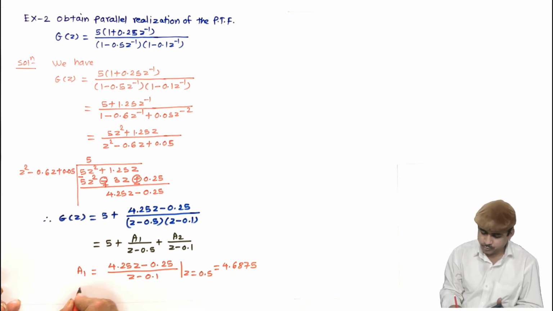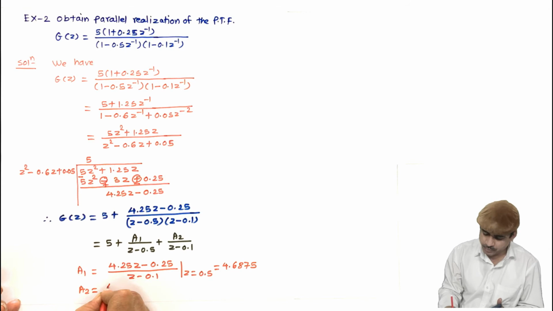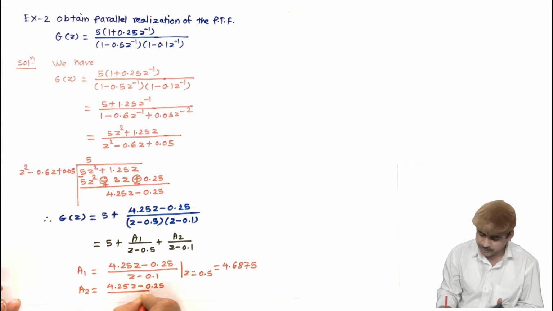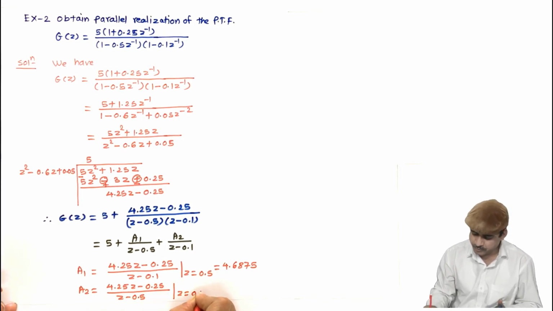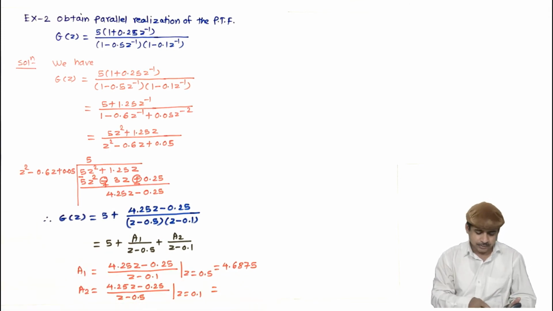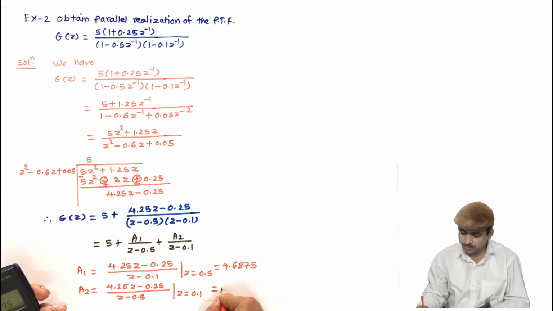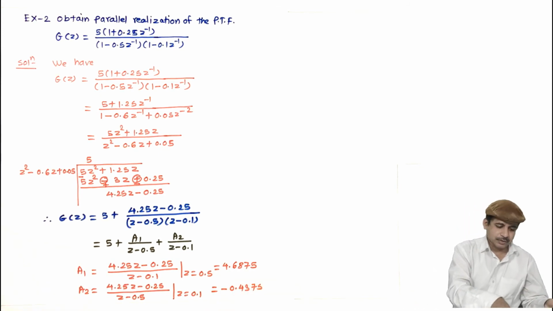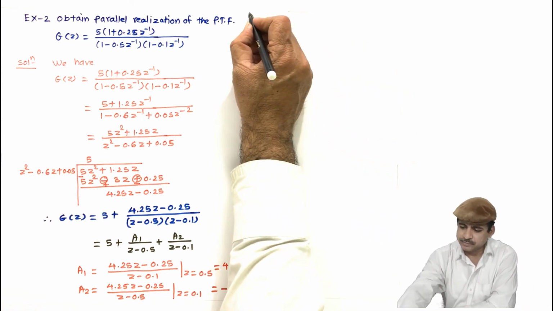And let us do it for a2. So a2 is equal to 4.25z minus 0.25 divided by z minus 0.5 with z equal to 0.1, and that is equal to 4.25 into 0.1 minus 0.25 divided by minus 0.4. So it is equal to minus 0.4375. So I got the partial fractions.